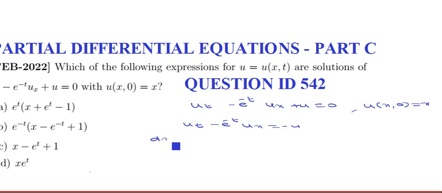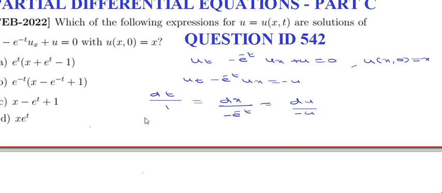So therefore the auxiliary equation is, u is a function of two variables t and x, dt by 1 equal to dx by minus e power minus t, equal to du by minus u. So we will take the first two. dt by 1 equal to dx by minus e power minus t.